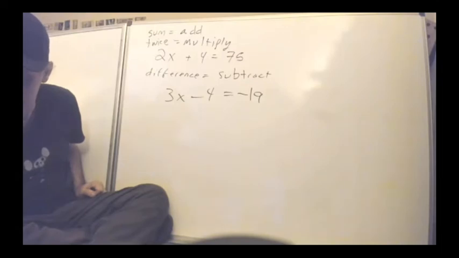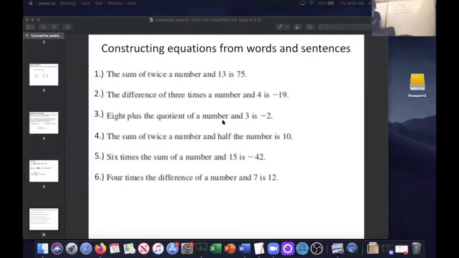Okay. And so now we got number 3. All right, and number 3, it has this word quotient. The word quotient. Jeremy, what's the word quotient mean? Doesn't it have to do with something like division?